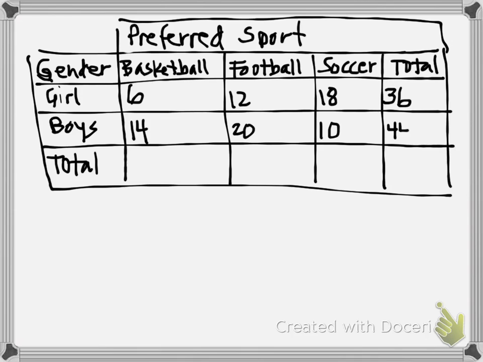Oh, we're back to having more boys than girls. There were a total of 20 of the people surveyed who preferred basketball, 32 that preferred football, and 28 who preferred soccer. And no matter which direction we added, we got 80 in our very end total. Okay.